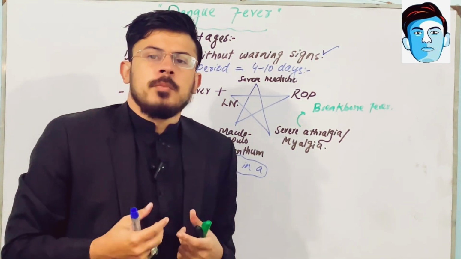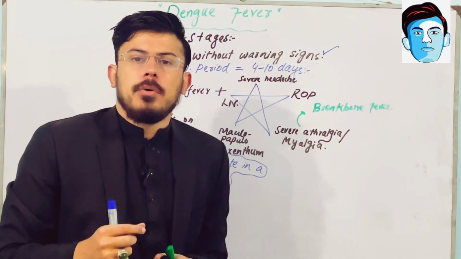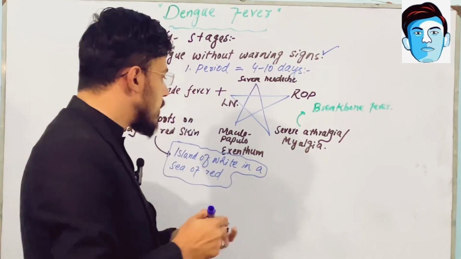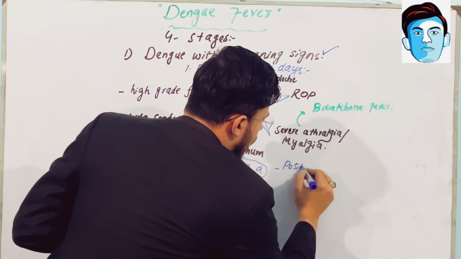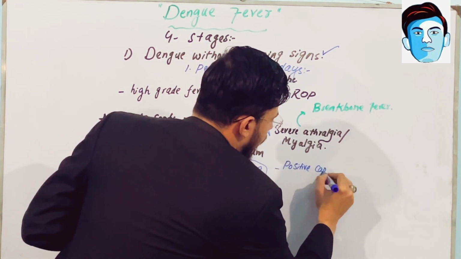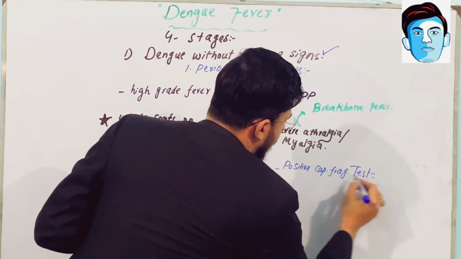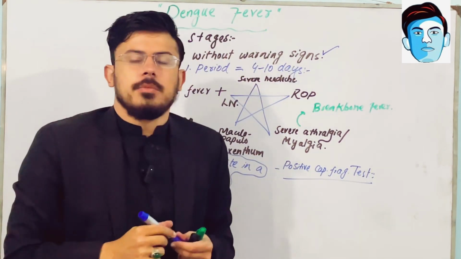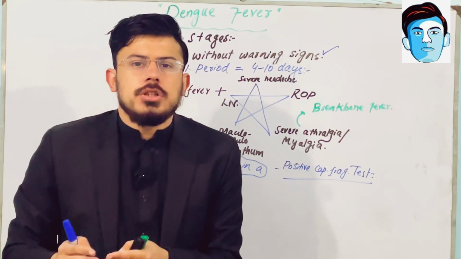Now the second most important point regarding stage 1 is that they have a positive capillary fragility test. What does it mean? When you apply a BP cuff over the patient's arm, you have to check the BP.